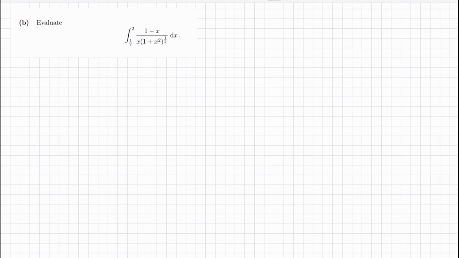So let's use that and use the substitution that we had, which gives dx of negative 1 over t squared.